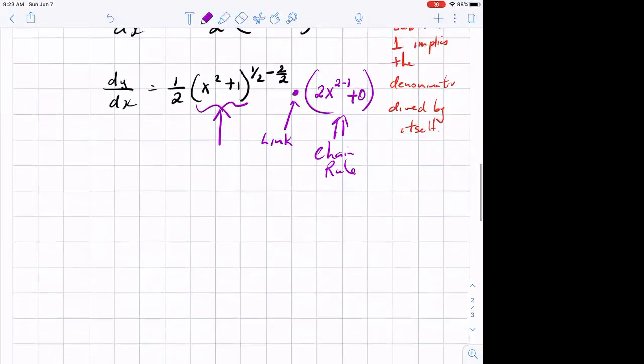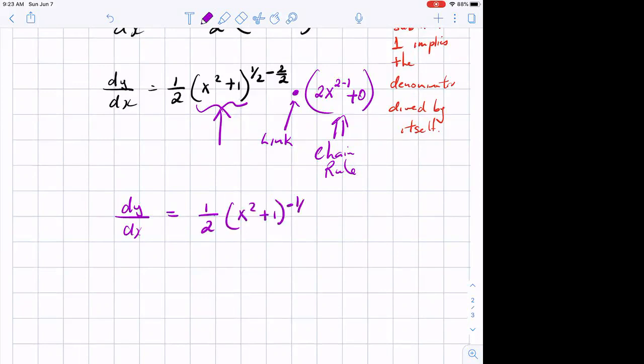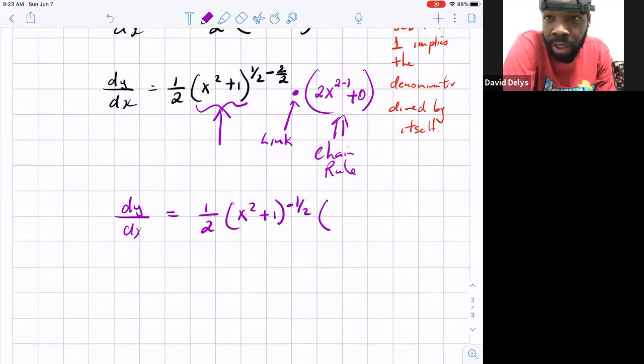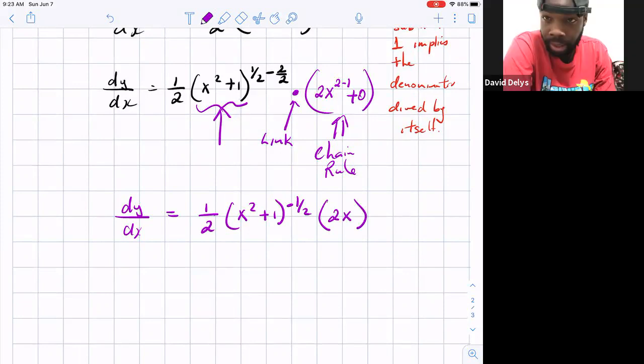Now we simplify. So we have dy/dx is equal to 1/2 (x squared plus 1) to the negative 1/2 power. I have a question. One second. Yes, 2x. Yes, questions? Yes.